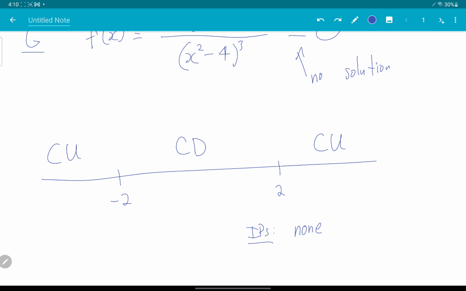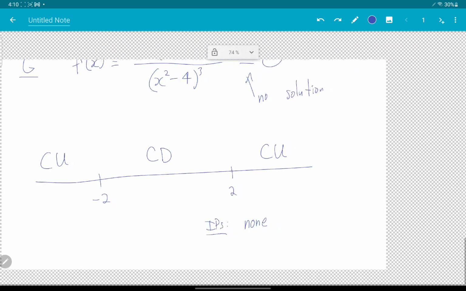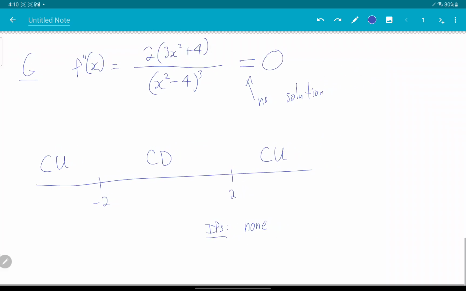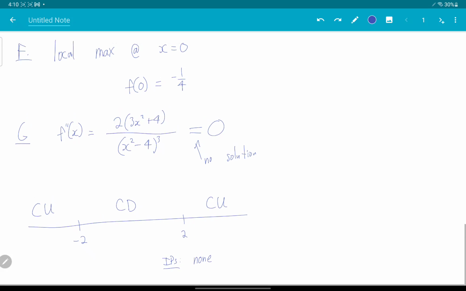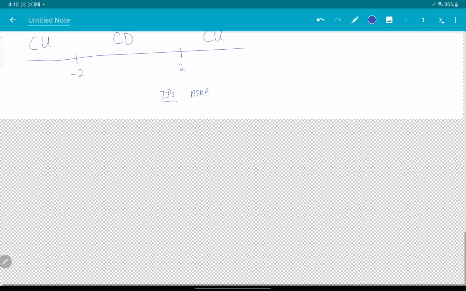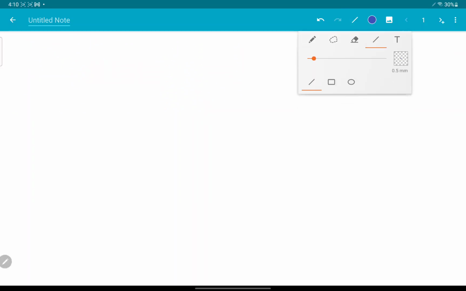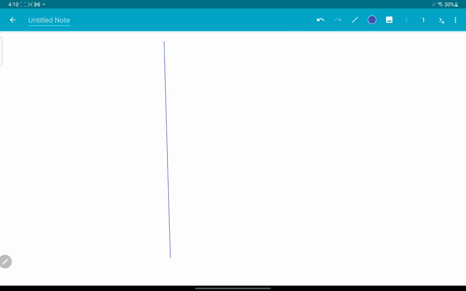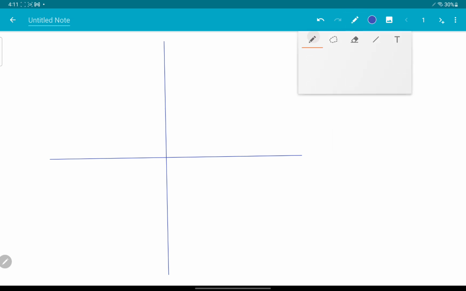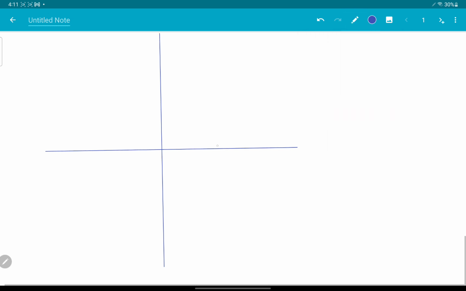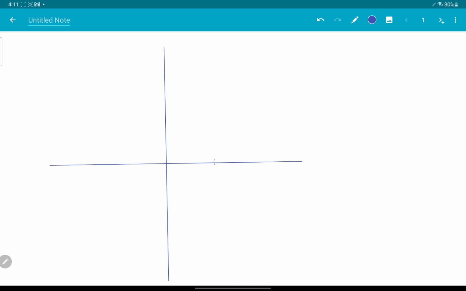Okay, now we're ready to draw here. Now, what I usually do is I start with the points I have. The only point I have, I think, is this one here. X is 0, y is negative a quarter. So I'll start with that. Perhaps before I get in there, I'll do my asymptotes.